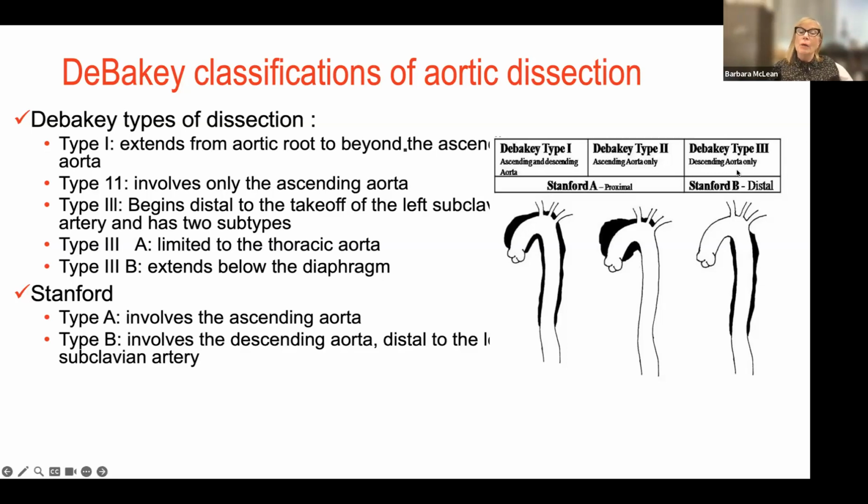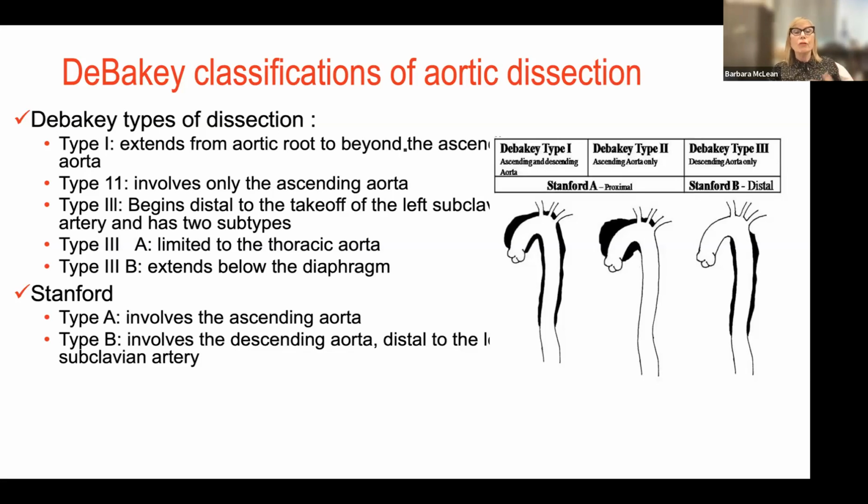Okay. Now, if it's only in the ascending aorta, which means it hasn't gone down that descending shaft, the pocket of blood that is accumulating here is going to be much bigger and is much more at risk for rupture. Whereas here, it's distributed over this longer intimal tear and longer surface area that's involved. The only reason I want you to understand this or remember this is type 1 and type 2 DeBakey is ascending, okay?